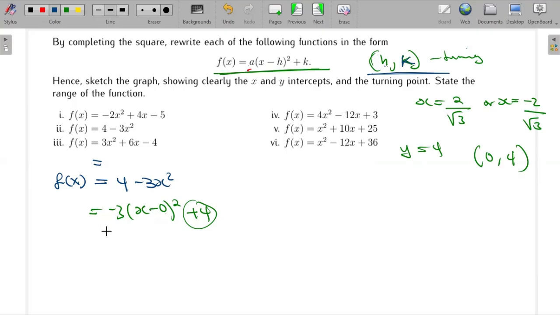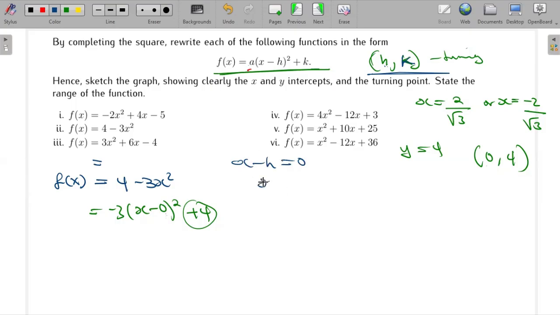So now here, after we had completed the square, I'm sure you are following, we got this here. And then you see that there's 0 here for x. That's why you have 0 there. And then you get that point there, the way the k is. Okay, so that's what you do. Or you can think about it that you're just equating what is inside, x minus h, equal to 0.